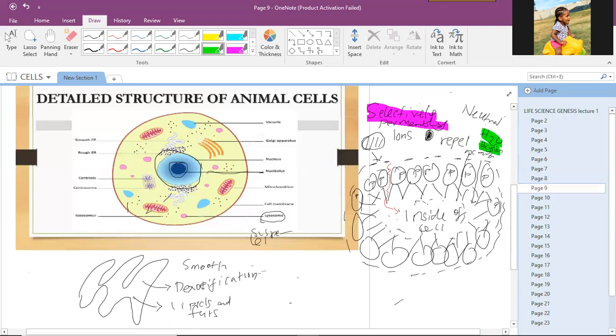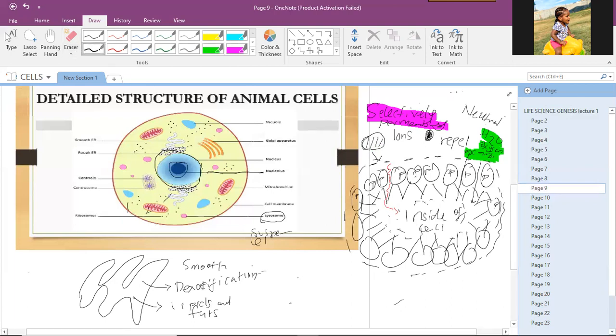Oxygen is needed for respiration, for your mitochondria to produce that energy. Carbon dioxide is a waste product, it's toxic. If it accumulates too much in a cell, the cell can die, so it has to leave the cell. So these are very important substances that can pass inside and out of the cell. But certain ions and big molecules that might be harmful to the cell won't be able to pass through.